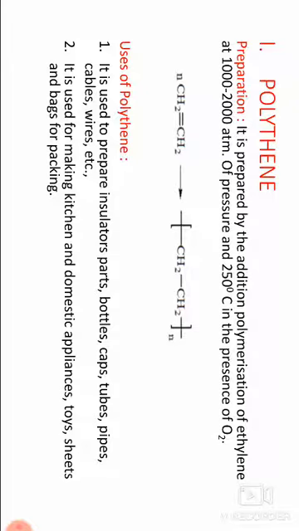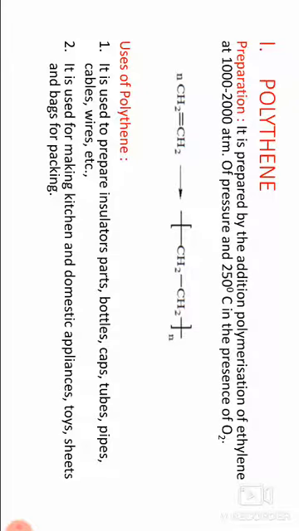When 1000 to 2000 atmospheres of pressure and 250 degrees temperature are applied, the pi bond breaks and each carbon receives one electron. The other ethylene molecule also undergoes the same reaction. The ethylene molecules are monomers that react to form a long chain containing a large number of carbons and hydrogens, and polythene is produced.